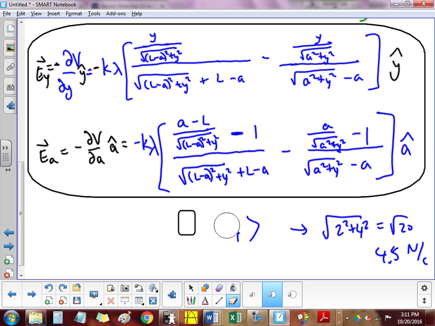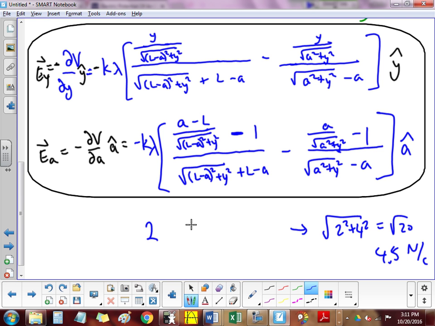They would say, look, the best way to write the field is using the unit vector component form. So they'd say, look, it's 2 newtons per coulomb in the y hat direction and another 4 newtons per coulomb in the a direction. You see what I'm saying?